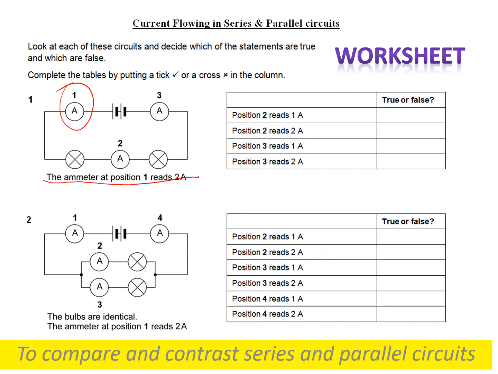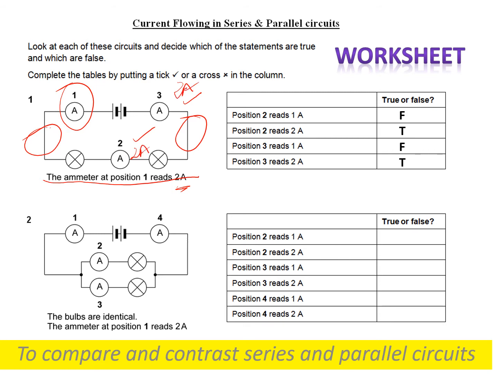In a series circuit, the current stays the same. So no matter where I keep the ammeter, anywhere I keep it in that series circuit, if one of them is reading 2 amps, everywhere it's going to be 2 amps. So this ammeter should also read 2 amps.